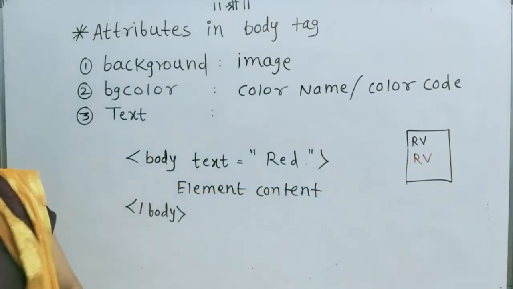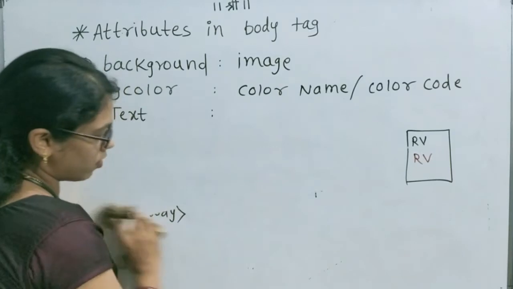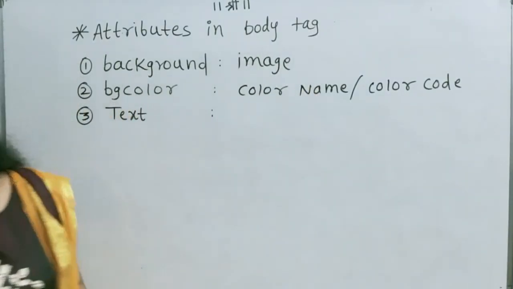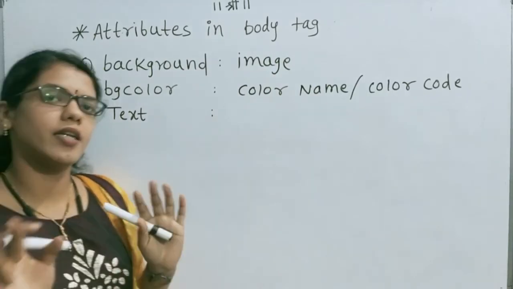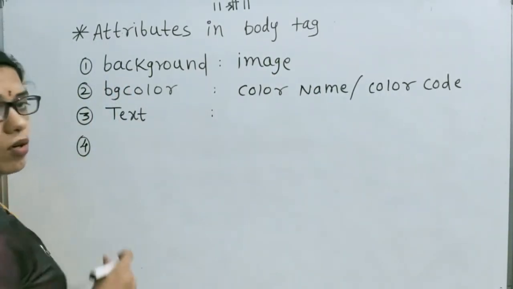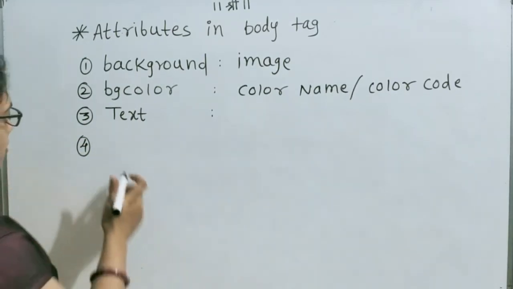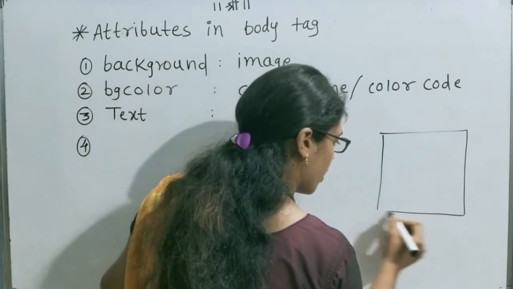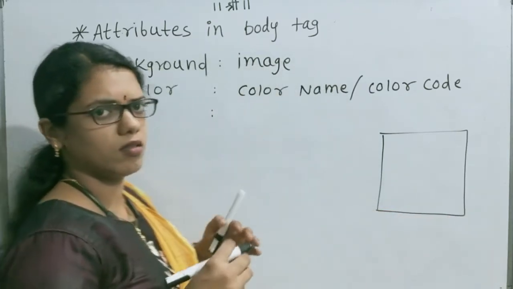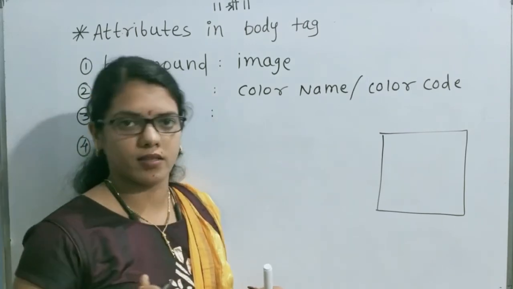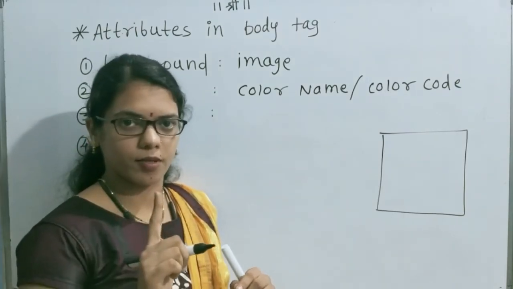Now the fourth attribute. We are taking the fourth and fifth attributes at the same time because both are related to each other. You all are surfing on the net, yes. When we search any concept in any browser or in Google, we get a number of links for a single concept.